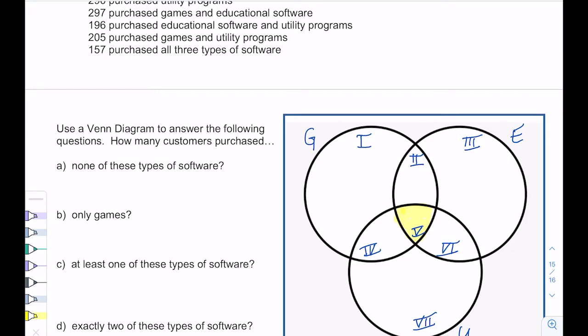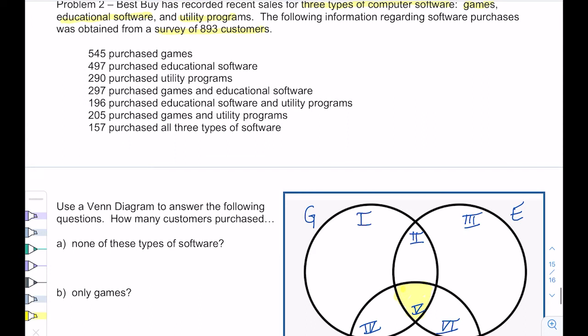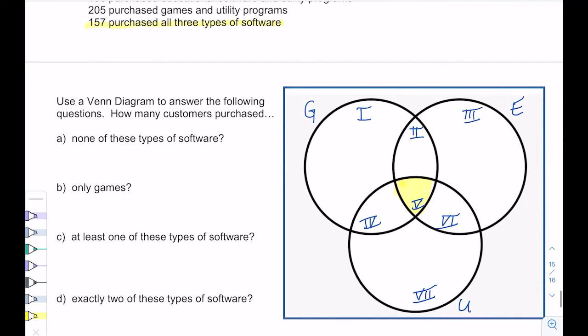So if I go through my list here, it tells me that 157 purchased all three types of software. So I know that in region 5 in the yellow, I'm going to have 157. Now, once I have that, I can start working into the outer areas of the circle. So let's fill in the rest of them, and then we'll answer the questions.